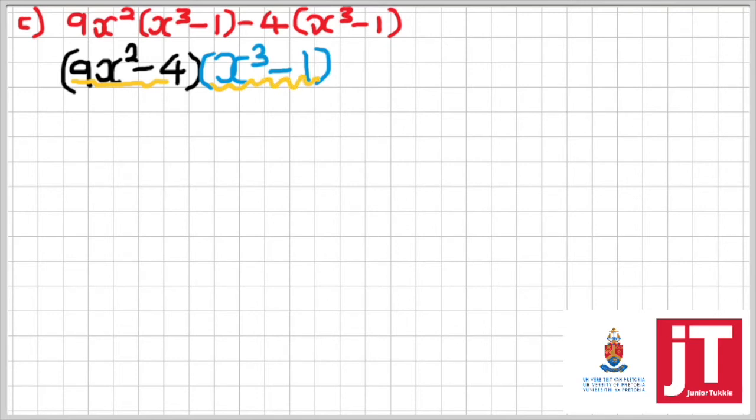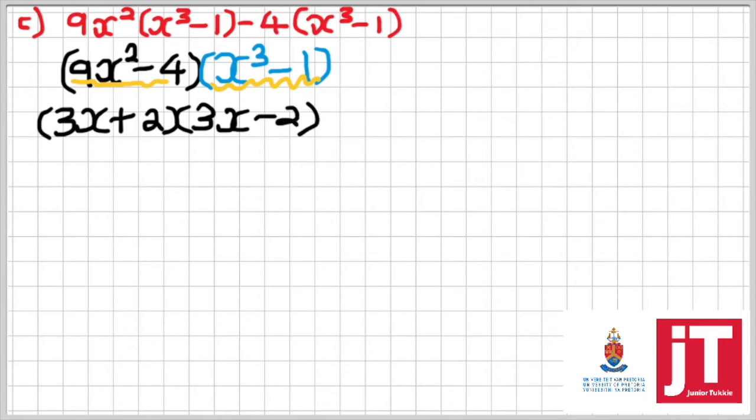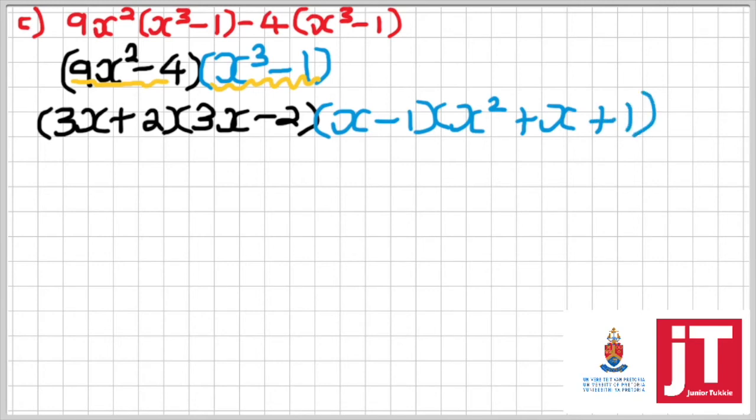So from the difference of two squares, you're going to get (3x plus 2) multiplied by (3x minus 2). From the difference of two cubes, you're going to get (x minus 1) and (x squared plus x plus 1), making up the fourth factor.